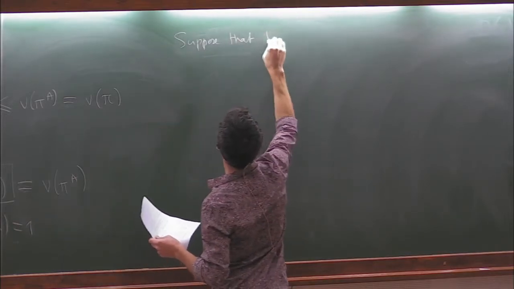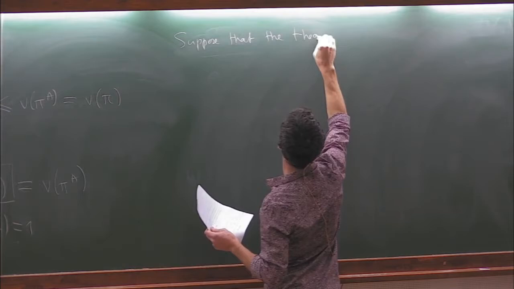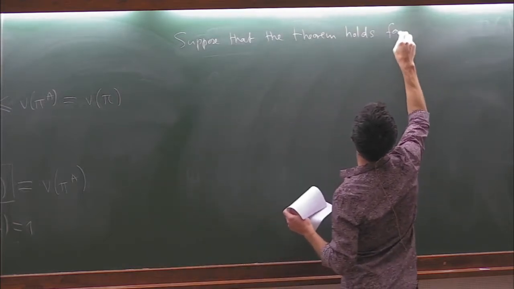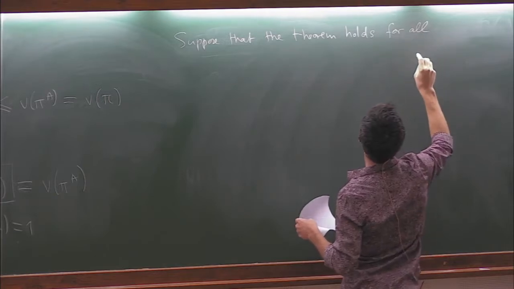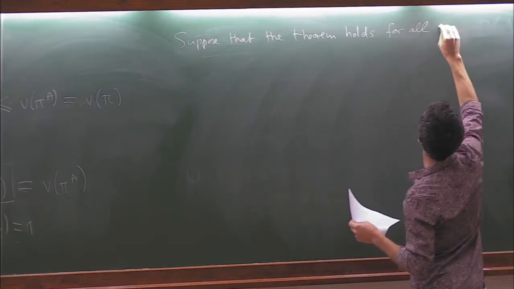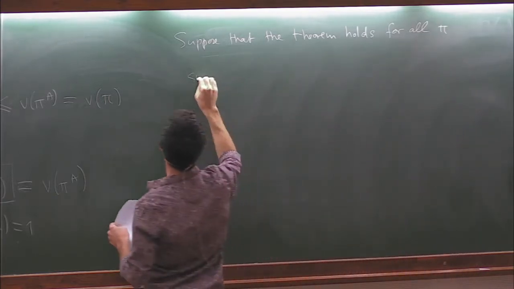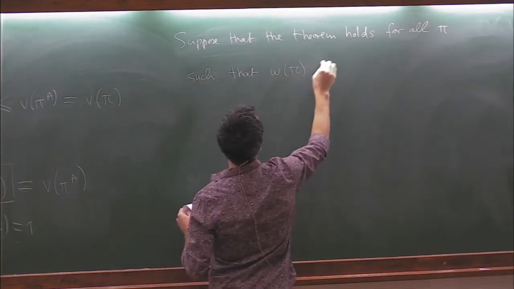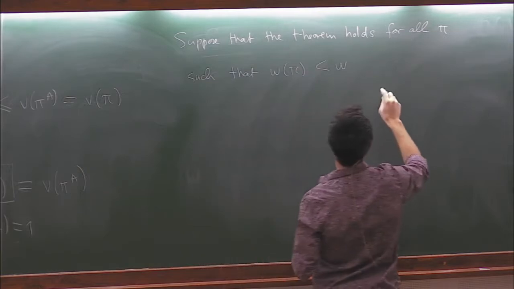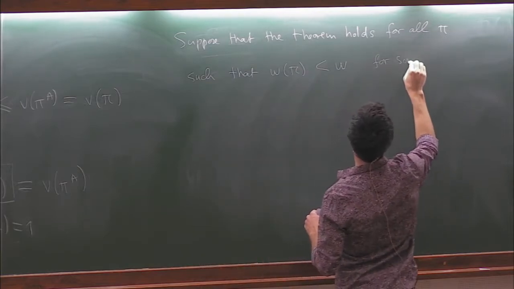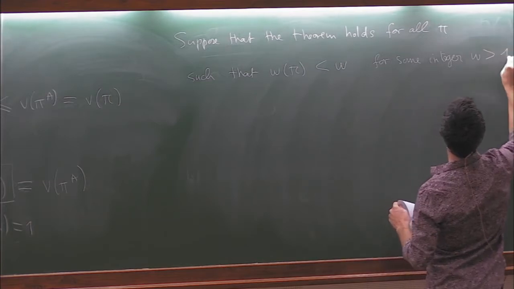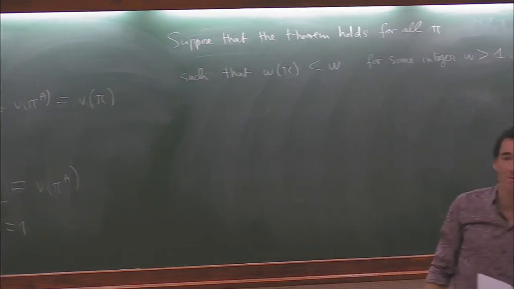Okay, now, by induction, suppose that the theorem holds for all pi such that W of pi is smaller than some integer W, for some integer W bigger than 1.